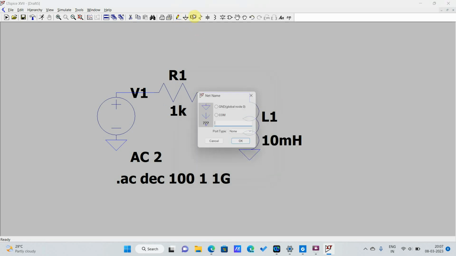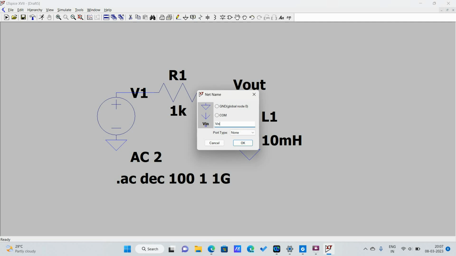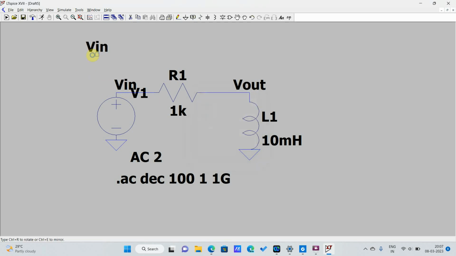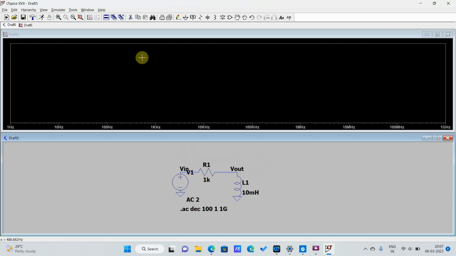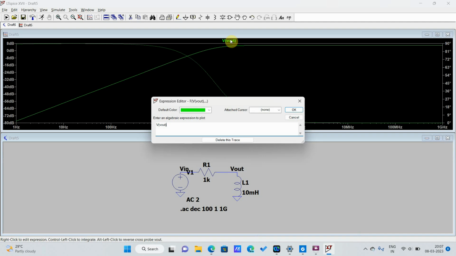For the sake of simplicity, we'll give some label over here. Okay, so we'll straight away find the net frequency response.